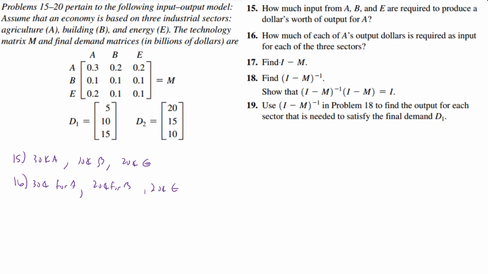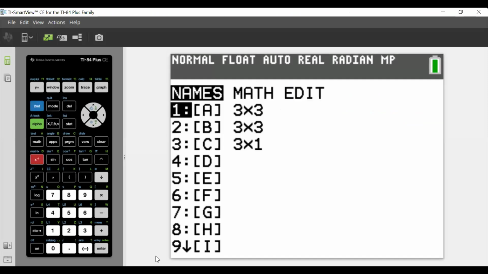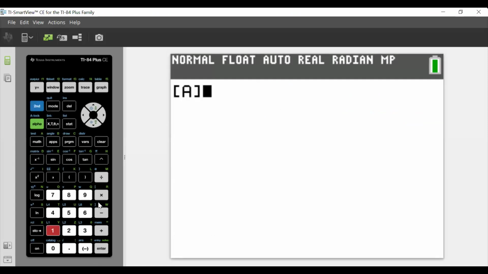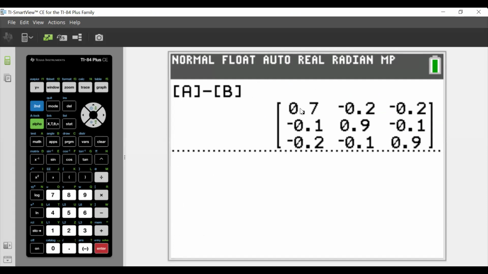Okay. Now we need to find I minus M. So again, the identity is 1 0 0, 0 1 0, 0 0 1. We're going to take the identity minus our M and find I minus M. So let's use our calculator again. Let's go to matrix and I plug these in. So I'm going to take 1 minus this one, and that's 2, and we should get this.